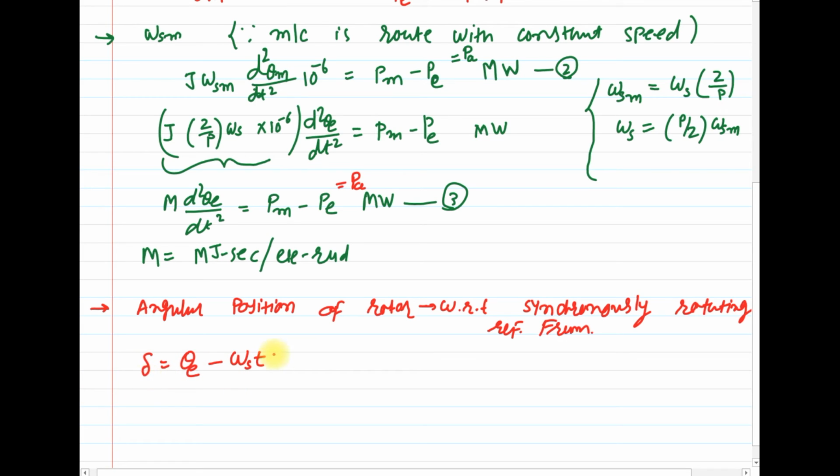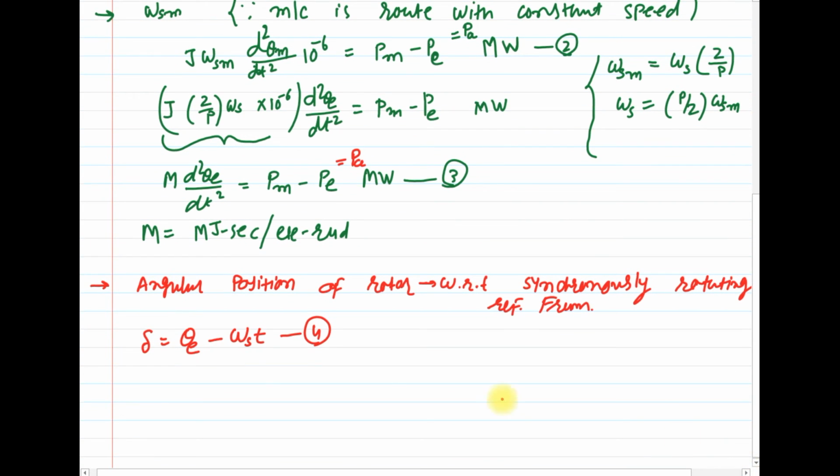So just differentiate this equation number 4 with respect to t. Twice differentiation, second order differentiation of the equation number 4 with respect to t, which is, I can write, d square delta upon dt square, which is equal to d square theta e upon dt square minus 0.